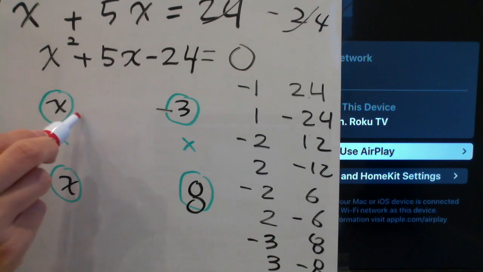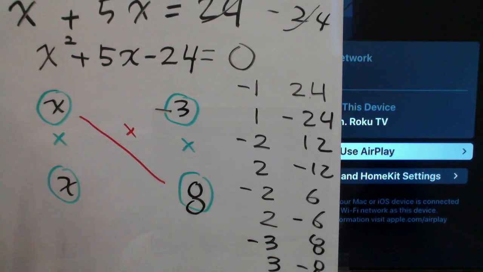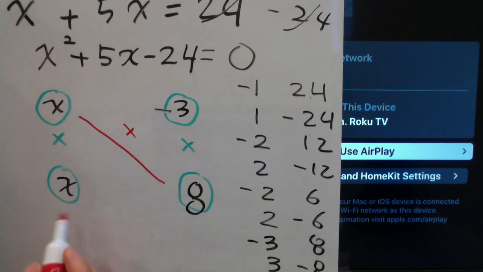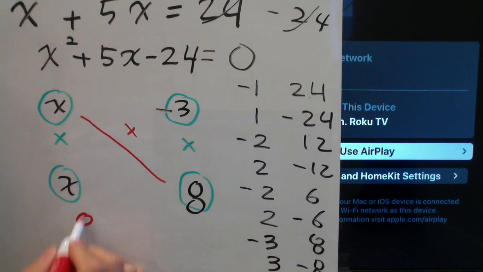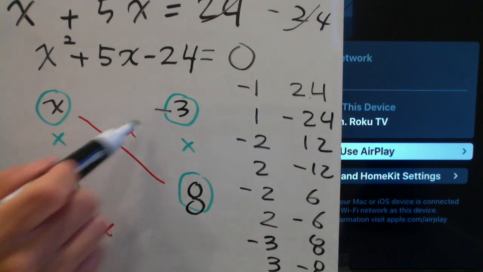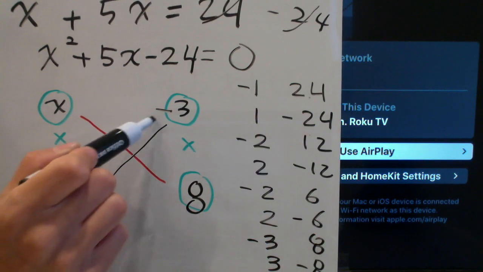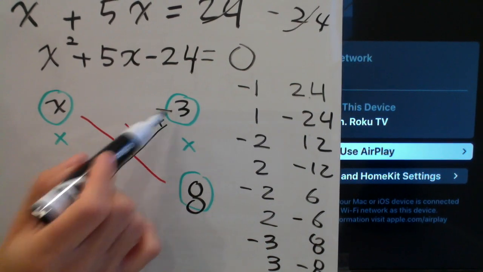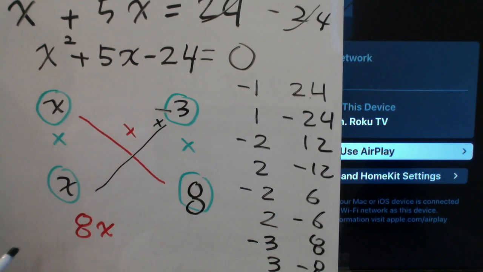When you cross multiply, x times 8 is 8x, right? And then we'll do this cross multiply, x times negative 3.